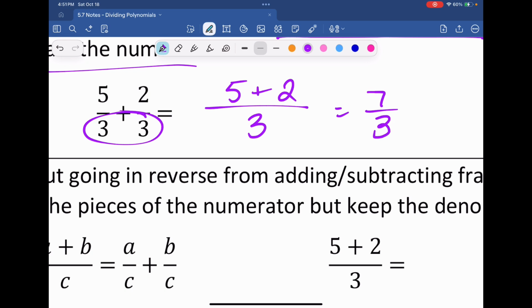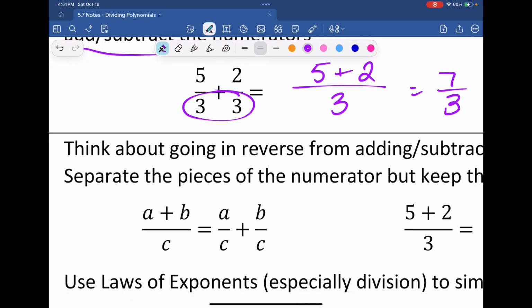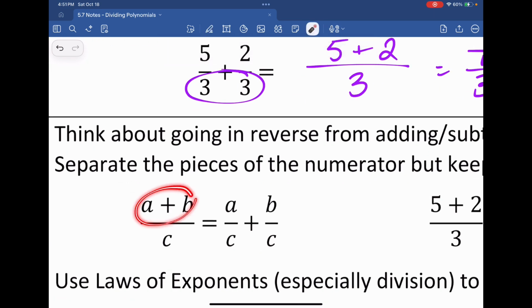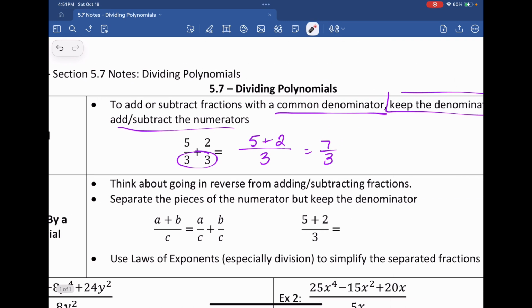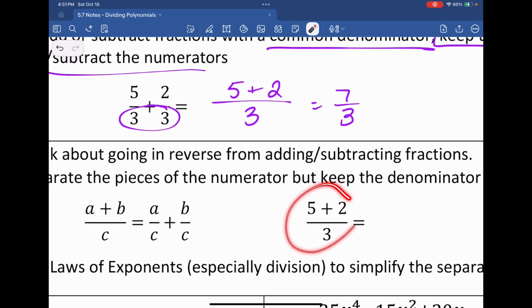All right, so before we even do division, if we think about being able to decompose a fraction, so go backwards, if I have a plus b over c, then I also have a over c plus b over c. So this is the same fraction that I have here.